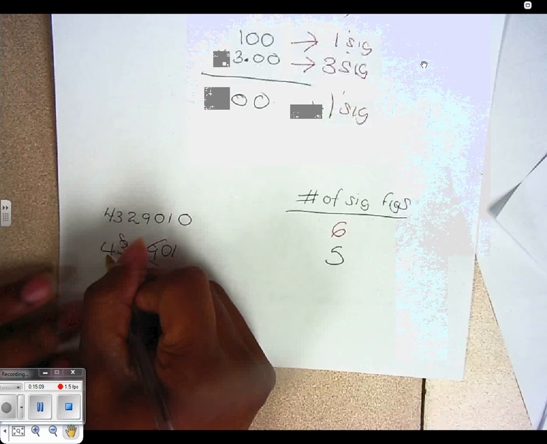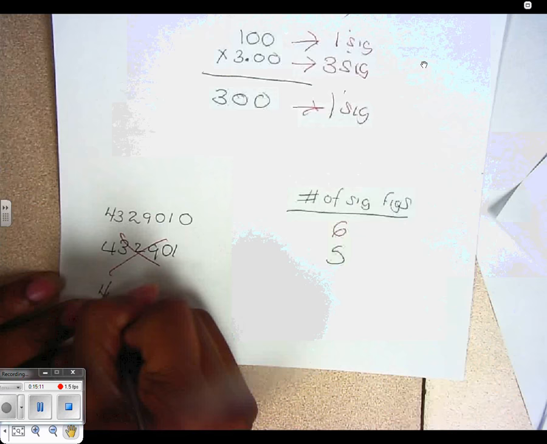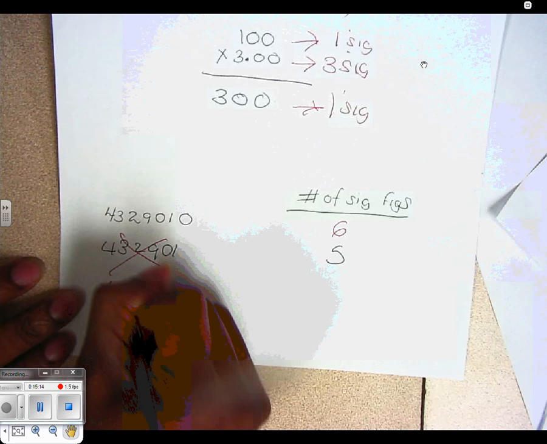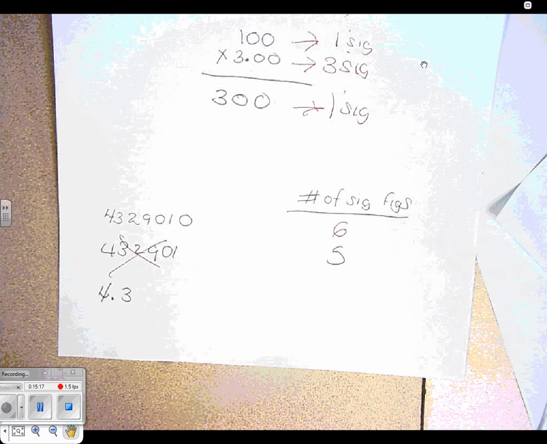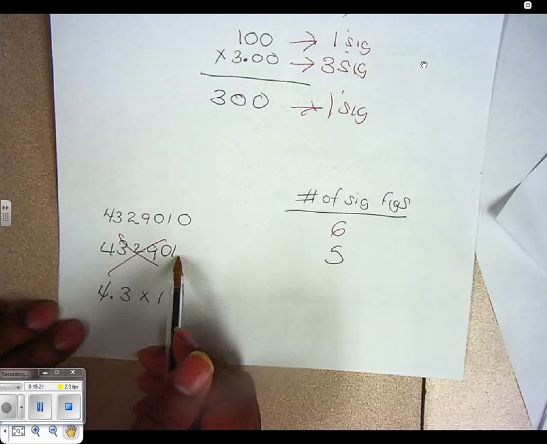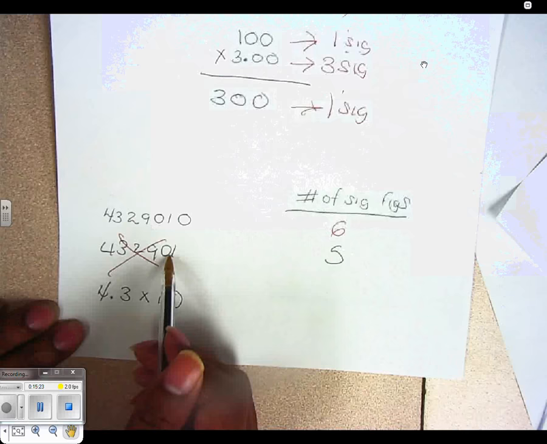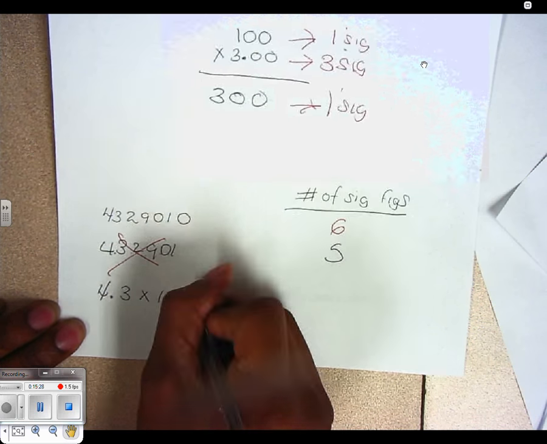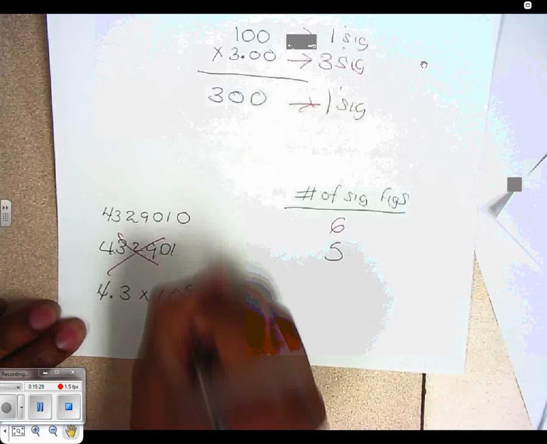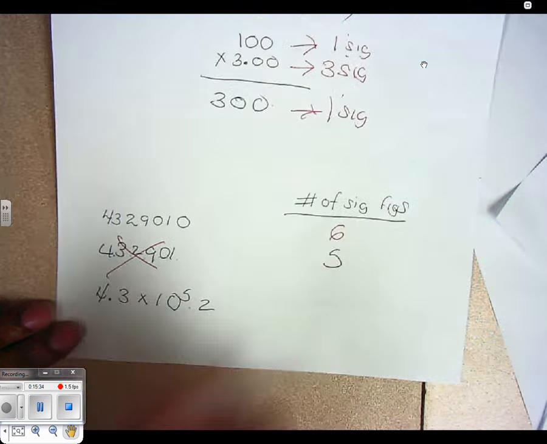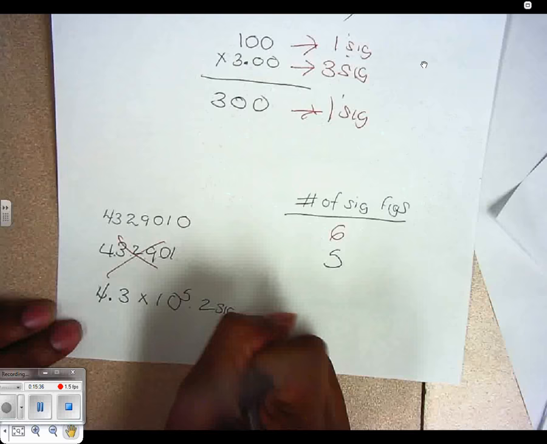For scientific notation, you take the number furthest to the left, apply a decimal point, 4.3 times 10, and I'm going to count from this place. 1, 2, 3, 4, 5. That gives me two significant figures if I wrote it like that. Now, why is that important?